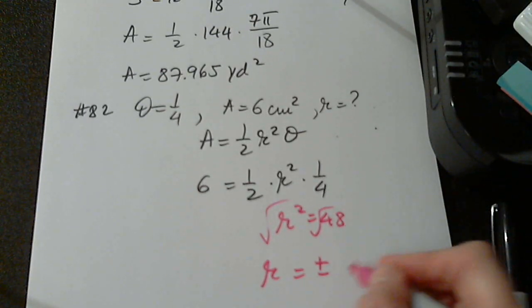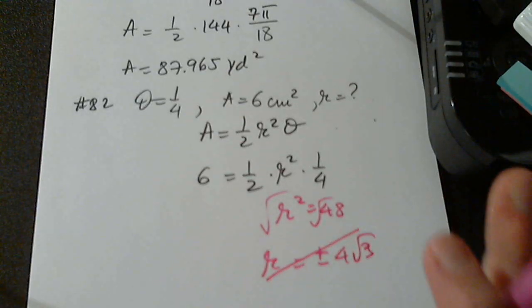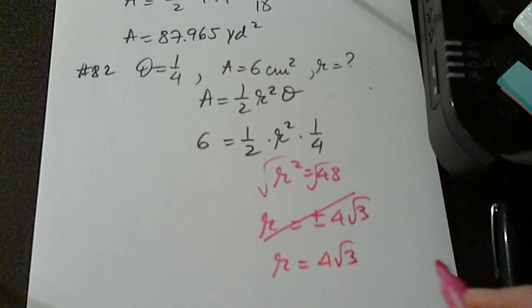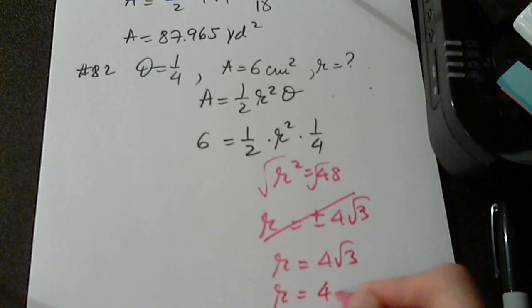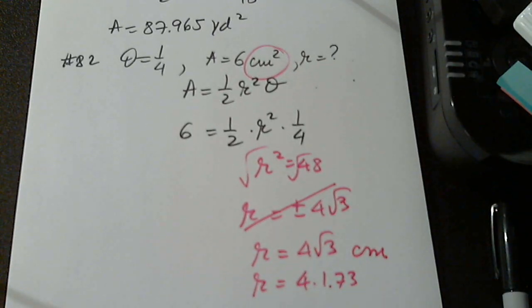This is 16 times 3. But then I will cross it out, not a mistake. And I will say only for the square root of 3. And if you want to approximate it, you'll have 4 times 1.73, and you approximate that. I have to write the measurement unit. So it's centimeters. Good pick. Any questions?